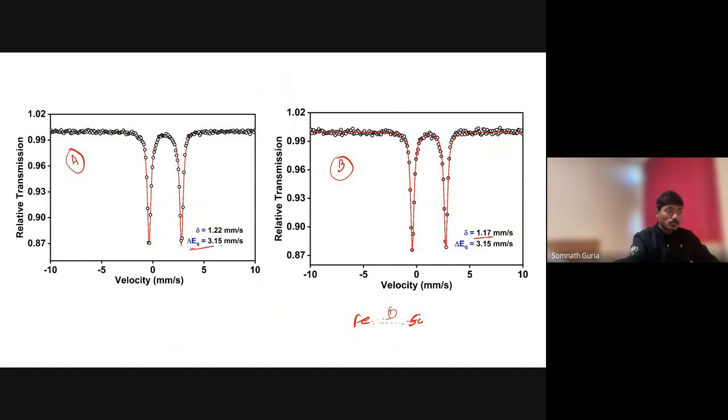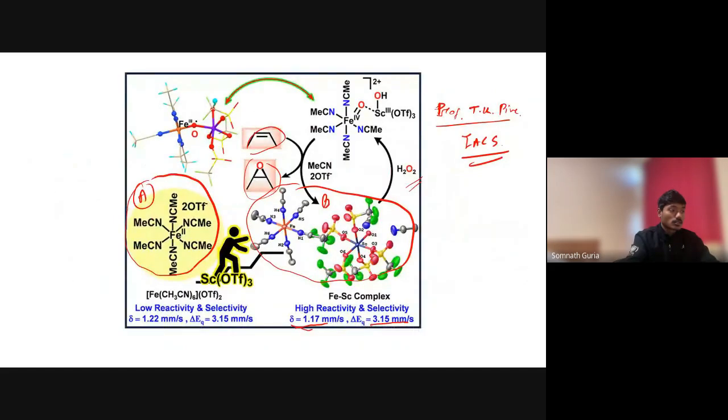So these two phenomena have been monitored: this is iron without scandium, and this is with scandium. With scandium the delta value is 1.17, and this has 1.12. So it is in a more positive direction, iron(II).